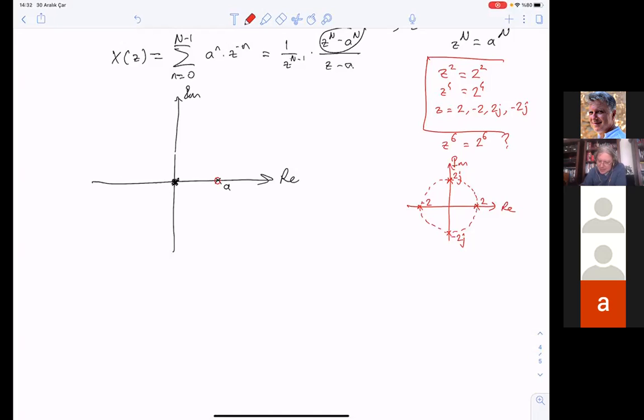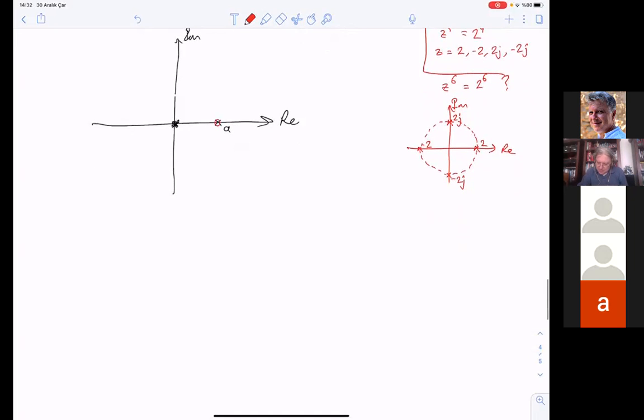You say that it's actually z to the n is equal to 2 to the n times e to the 2 pi j, or something like that. And that 2 pi j is also further divided into n angles. So we just equally divide into n angles.